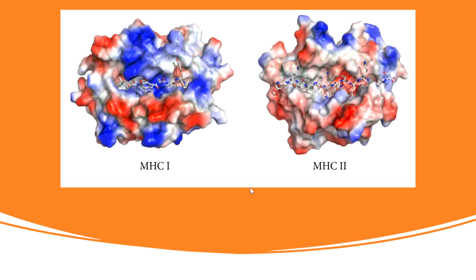However, there are also key differences between MHC1 and MHC2 binding grooves that we must highlight, which I have already told you: the peptide binding cleft of the MHC1 molecule is closed as it is made by a single alpha chain.